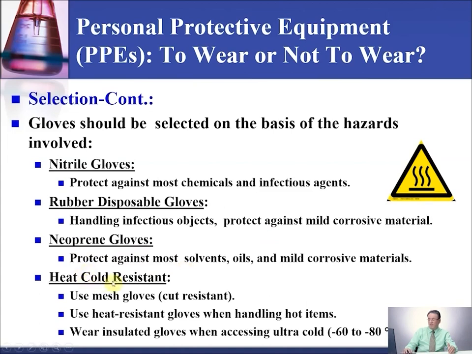And heat and cold resistant gloves are for when you are dealing with extremely hot or extremely cold items. You need to use what they call a mesh glove or cut resistant glove. Use heat resistant gloves when handling hot items. Wear insulated gloves when accessing ultra cold items, like minus 60 to minus 80 degrees.